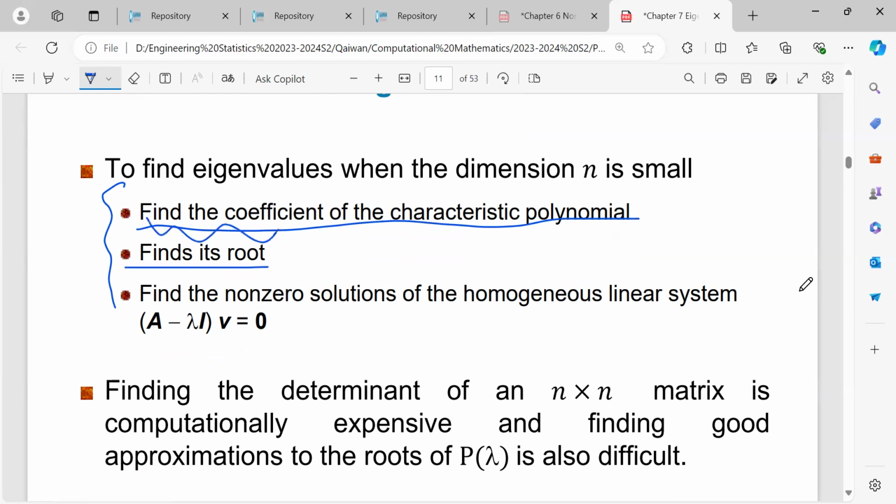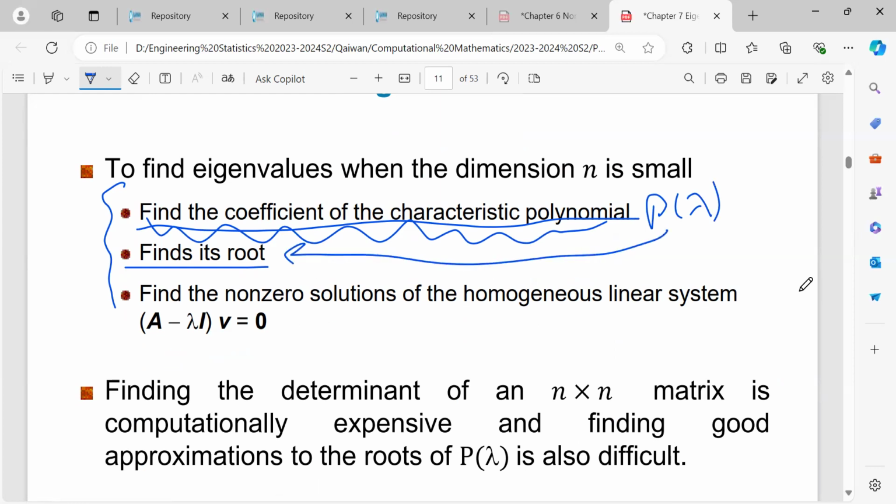Here, this means find P of lambda. Find P of lambda, and then find its roots. The roots become the eigenvalues.